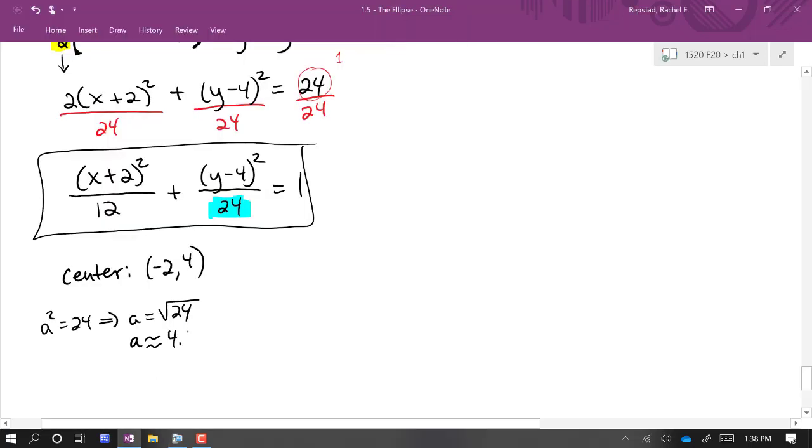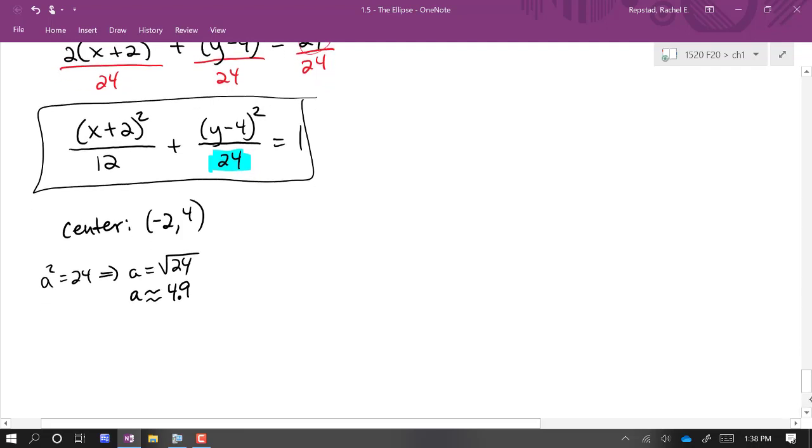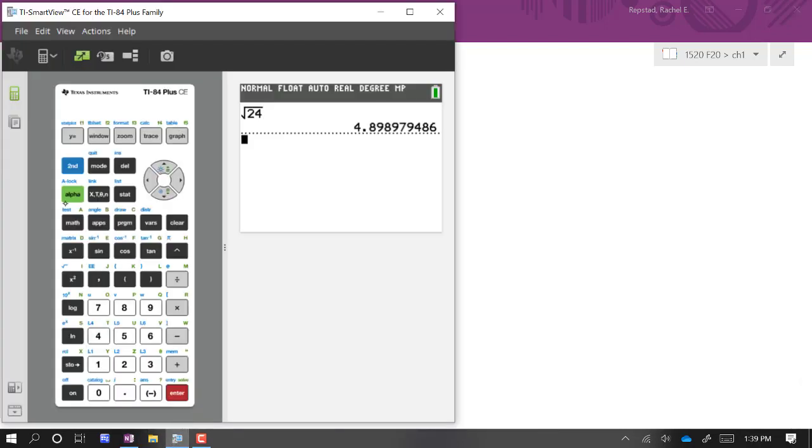A lot of times when I approximate, I might go more digits, but I'm freehand sketching this, so I don't think I can get more accurate than, say, the tenths place. And b squared is equal to 12, which means that b is the square root of 12, and I'll approximate that. And that's about 3.5.